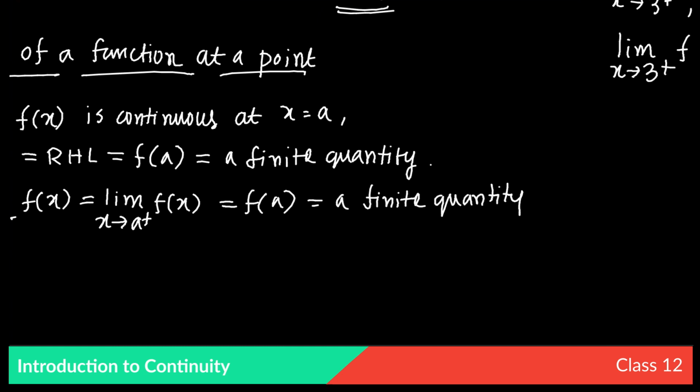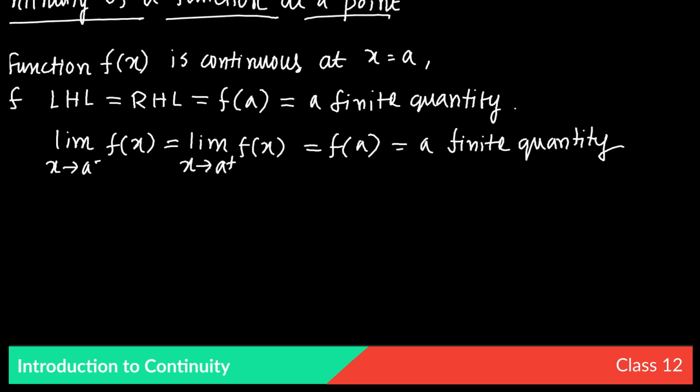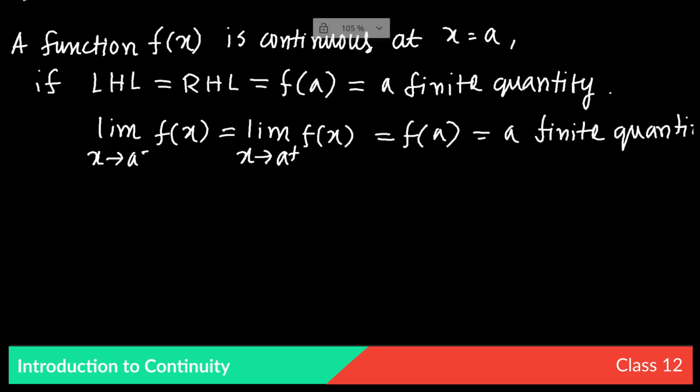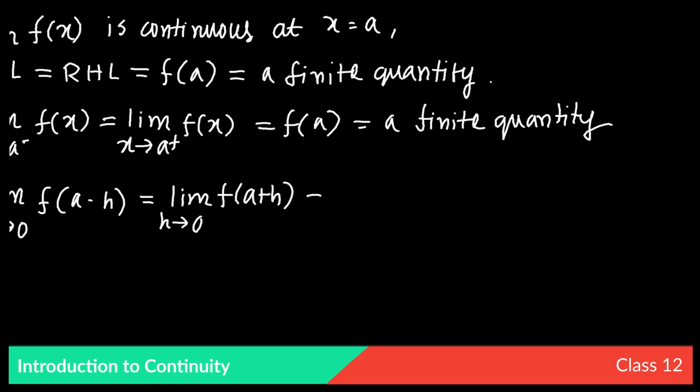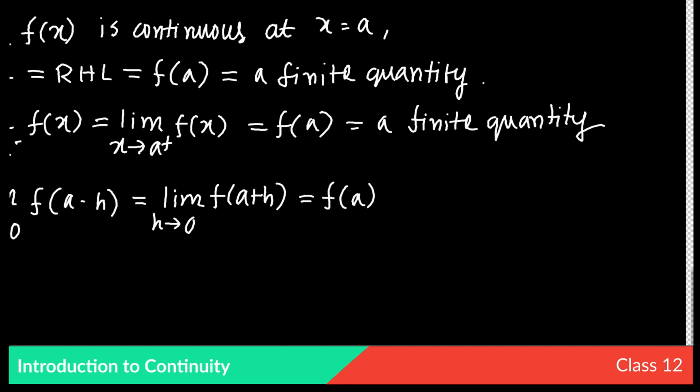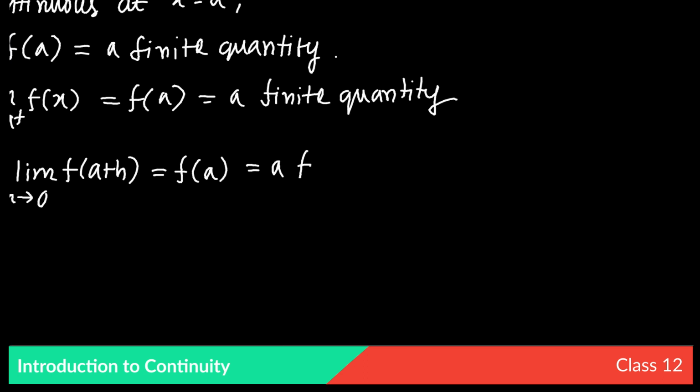So this can be written another way, by substituting h. It is limit h tends to 0, f(a minus h) equal to limit h tends to 0, f(a plus h) equal to f(a), a finite quantity.